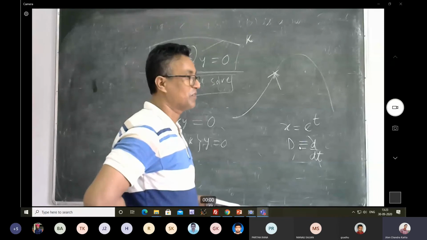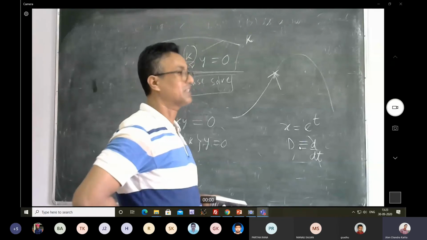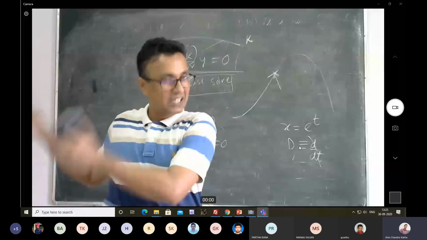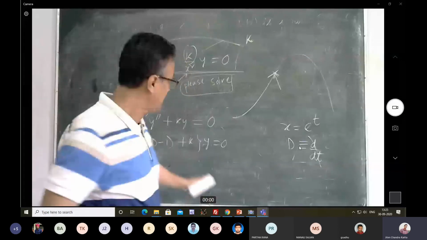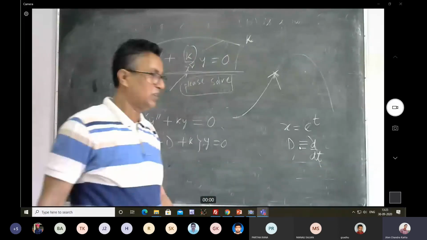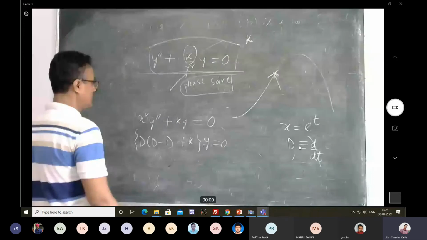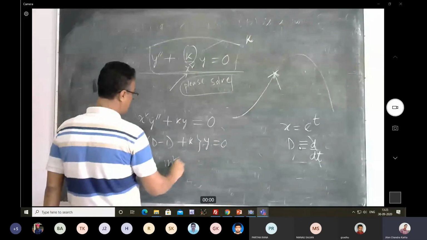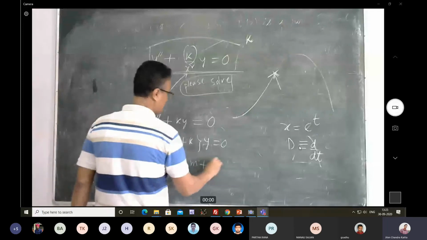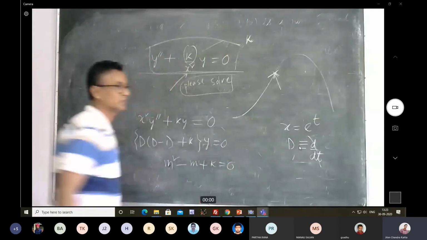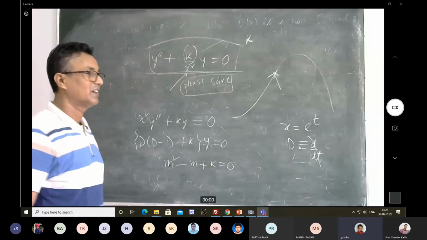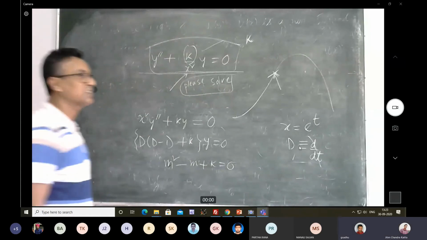I would like to give you the answer to one particular question which we are going to encounter later on, by using this example. So basically this auxiliary equation, its roots depend on the value of k.